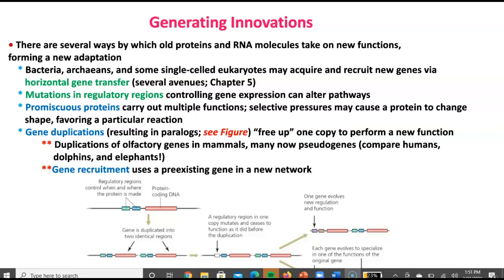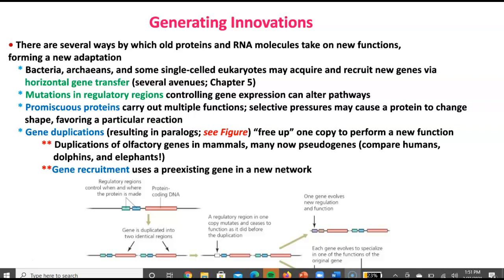They can be promiscuous, and they might be able to trigger chemical reactions as catalysts on substrates that aren't the primary target. They're being promiscuous. So selective pressures could cause a protein to change its shape, through mutation, favoring one chemical reaction over the other chemical reactions. Since these proteins are promiscuous, selection could favor the promiscuity to go in one direction or another.